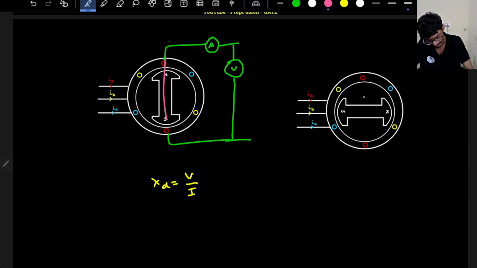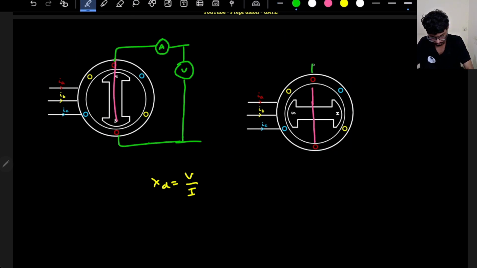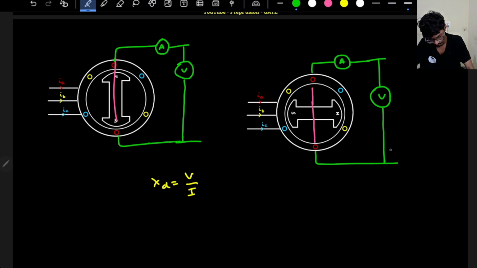If my rotor is rotated, now if I measure the current and voltage, then what will I measure now?